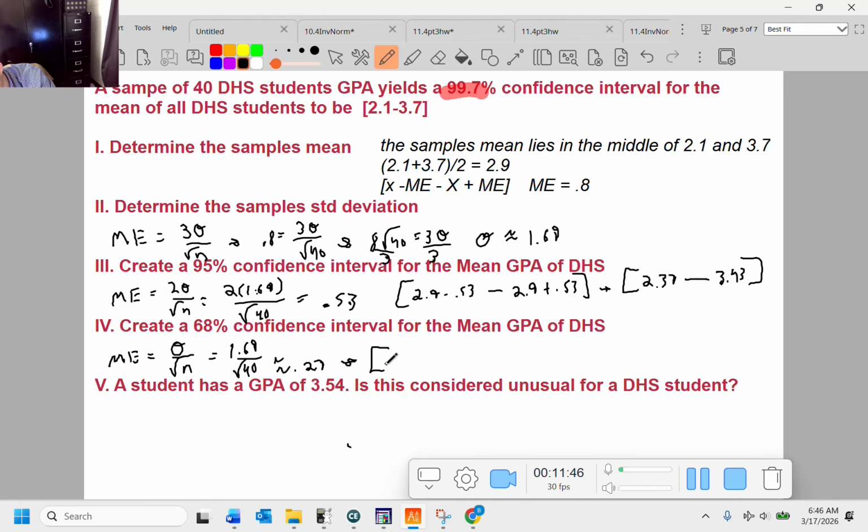All right. Now, let's take our middle of 2.9, take away 0.27, 2.63, through, we add, 3.17.